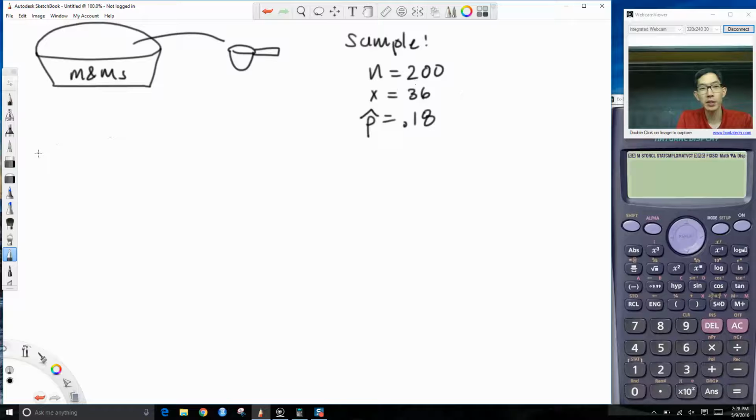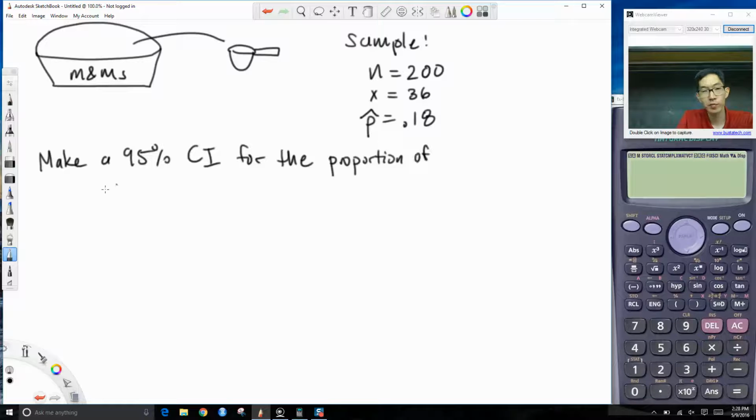I'm going to say make a 95% confidence interval for the proportion of blue M&Ms in the tub.